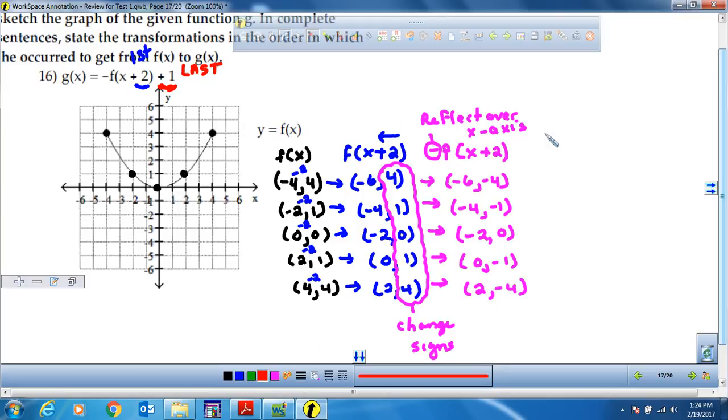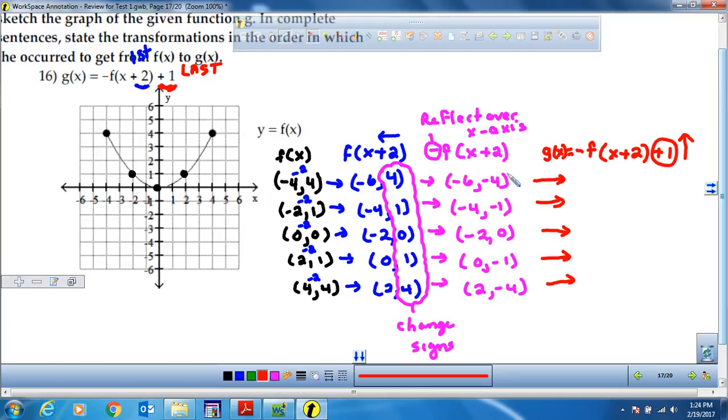Now the last change that we need to apply is we already did the negative f of x plus 2. Now we need to do the +1, which means that the graph is going to be shifted up 1 unit, and this is going to finish the problem. This is going to create the function g of x, right? So what change is that going to have on my points right here?